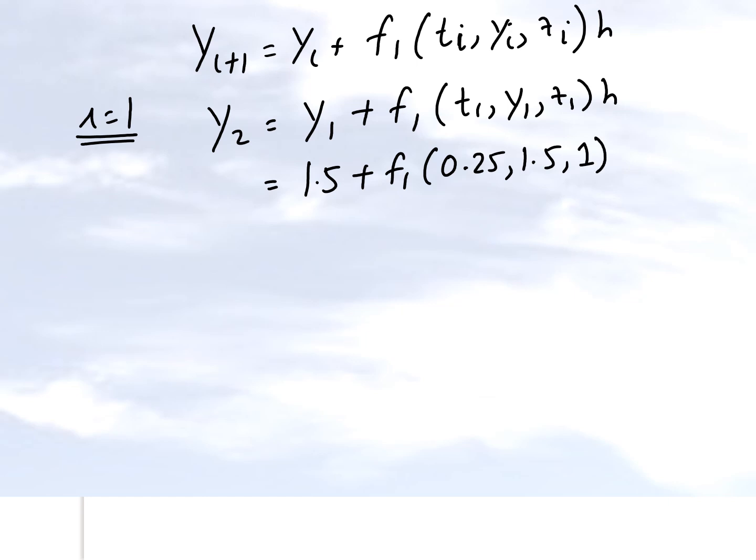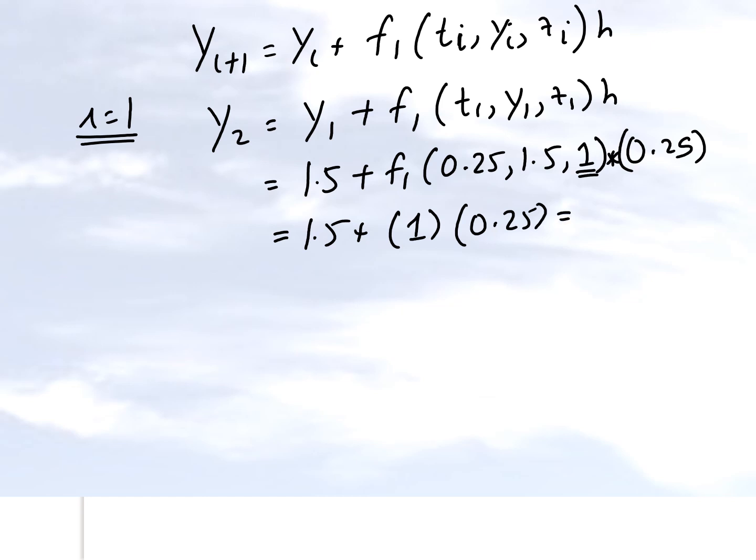And then we have 0.25 as the value of h. So having said that, we have 1.5. What is f1? F1 is nothing but z, so that will be just this value 1 times 0.25, and that gives us 1.75. This is the approximate value of y at t2. And t2 is nothing but 0.5.